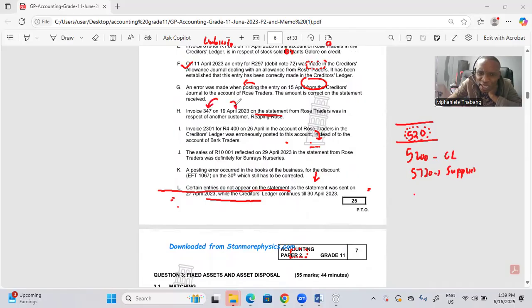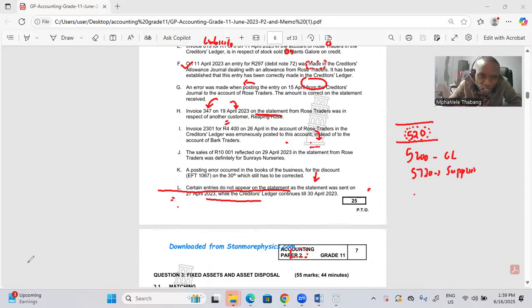So I'm going to check the 19th and check 347. They are saying this invoice was recorded by mistake on the statement because it was in respect of another customer. So they charged our business a certain amount instead of charging a certain customer. So this is a mistake.